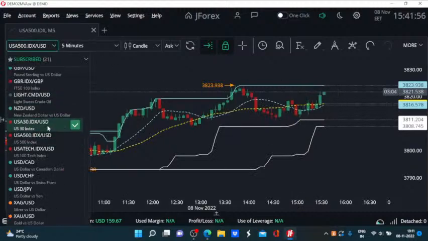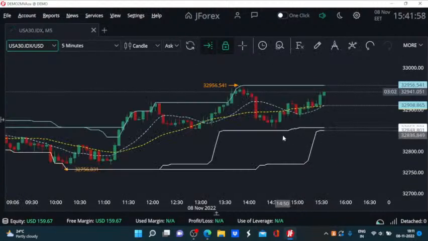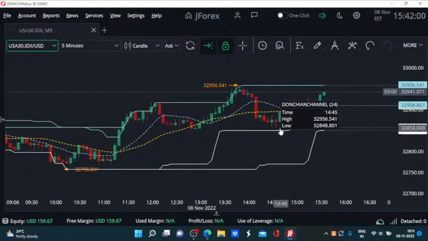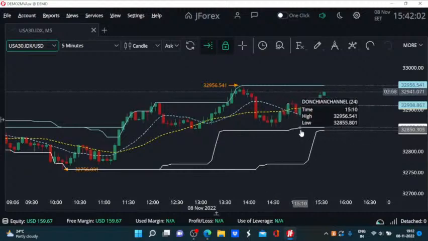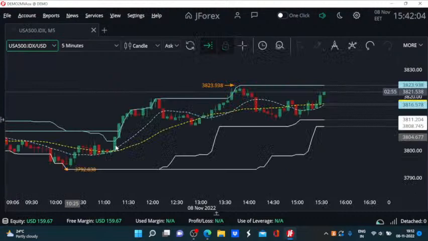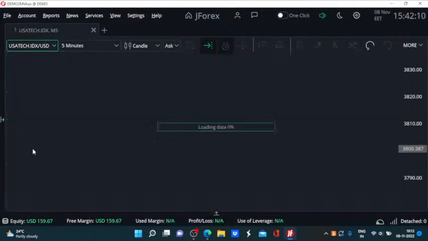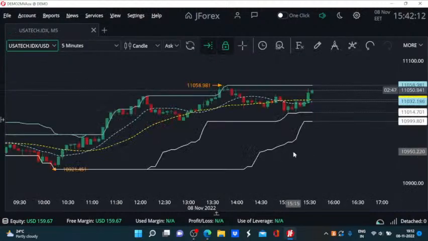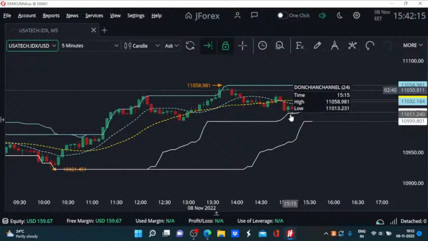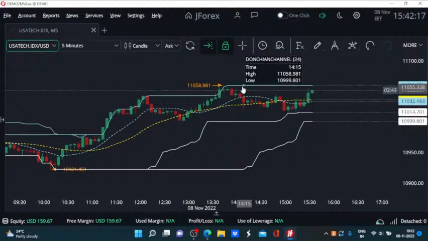And if we look at the correction, it had gone pretty close to the 2 hourly low, and for the S&P 500 a similar thing holds, but it didn't really touch the 2 hourly low. For Nasdaq, let's see, the Nasdaq also went pretty close to the 2 hourly low, but it didn't really touch, and it made its high just 5 minutes earlier compared to the S&P 500 and the Dow Jones.